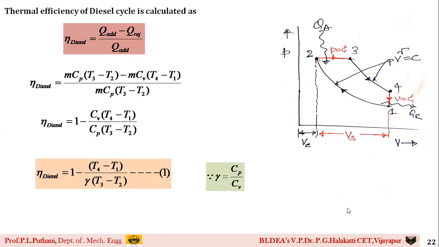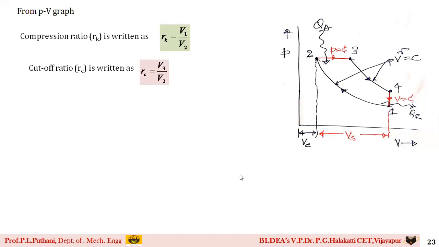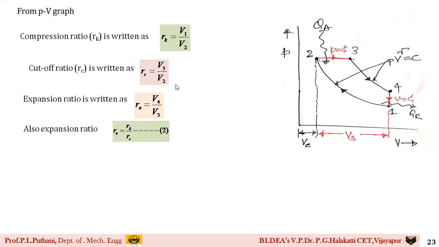So now, as I said, gamma is equal to Cp by Cv, that I have replaced in equation number 1. From the PV graph, beginning with the isentropic process, compression ratio RK is equal to V1 by V2. Cutoff ratio, students, as I said, V3 by V2. Then expansion ratio V4 by V3. Then I can connect all these three ratios together in a single relation. What is that relation, students?